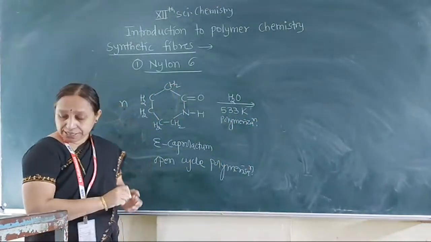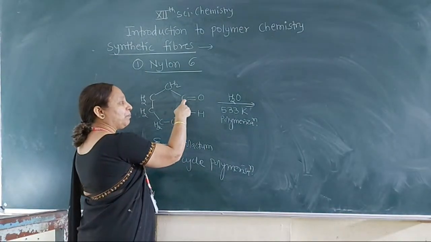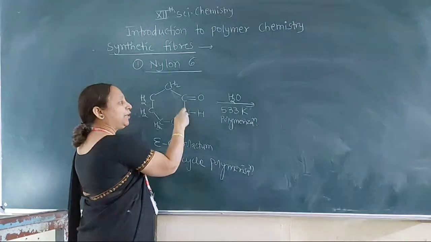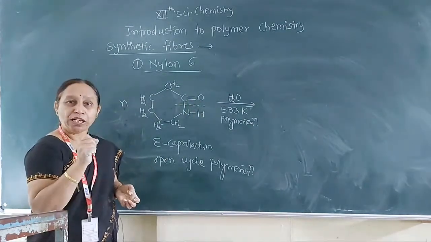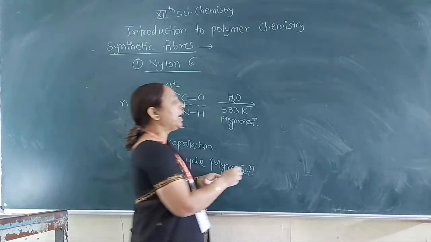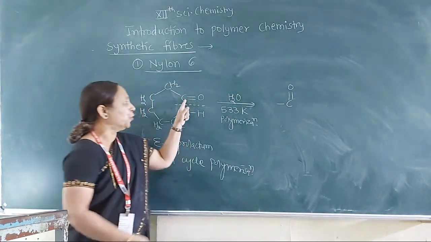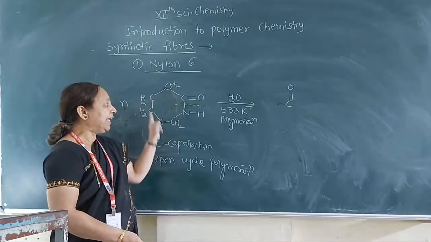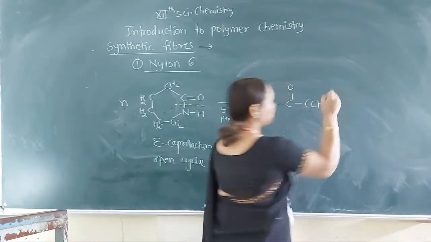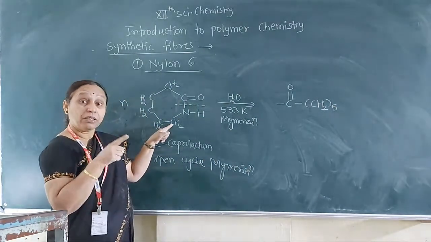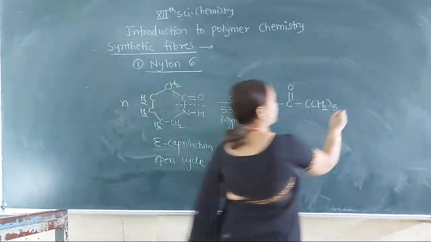And in the polymerization process, breaking of the CO carbon and NH carbon-nitrogen bond takes place, and thus a polymer is obtained in which at one end there is carbonyl, CH, and at the other end there is NH group.